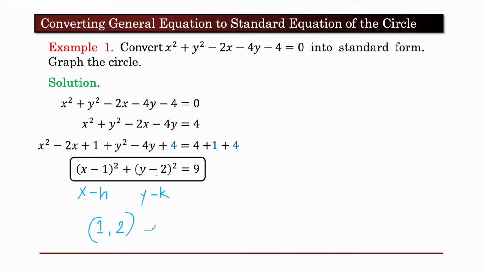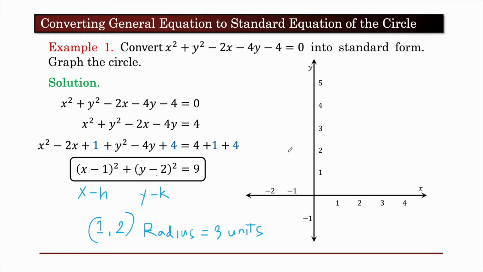And then the radius is 3 units. Why 3 units? It's because the right-hand side is 9. That means we need to express this number to a base whose exponent is 2, which is 3 raised to 2. And therefore, 3 is your radius.